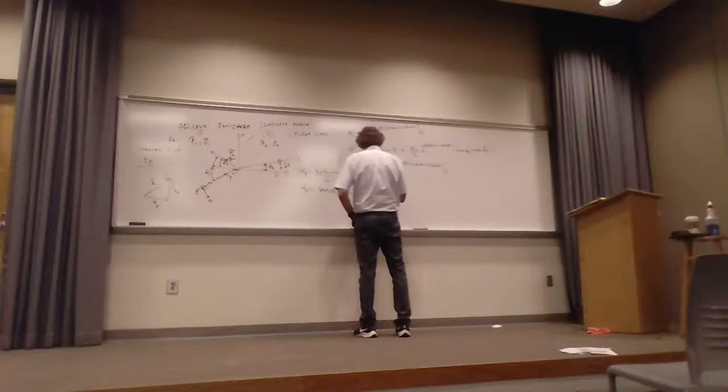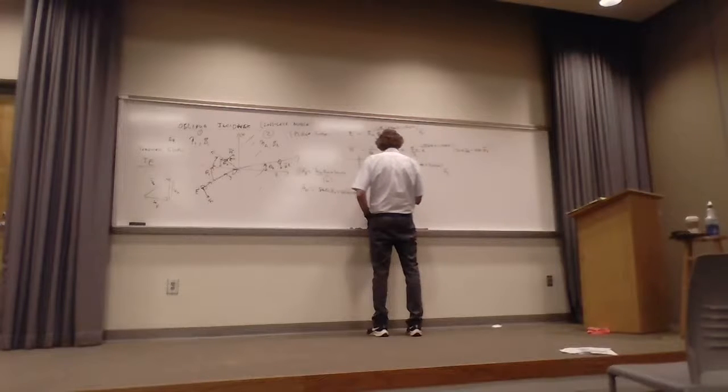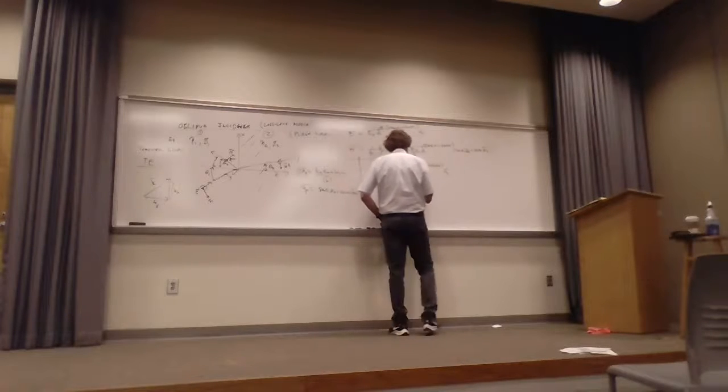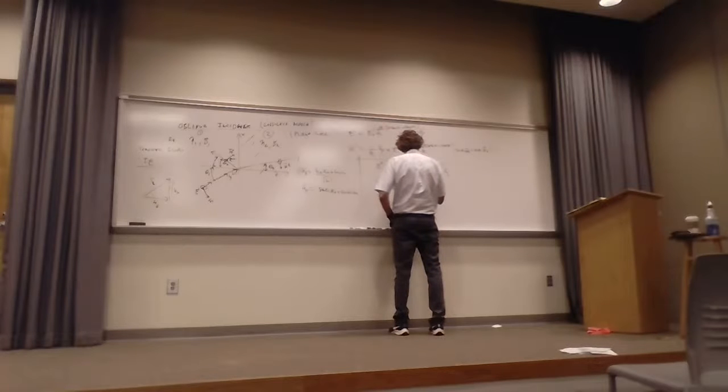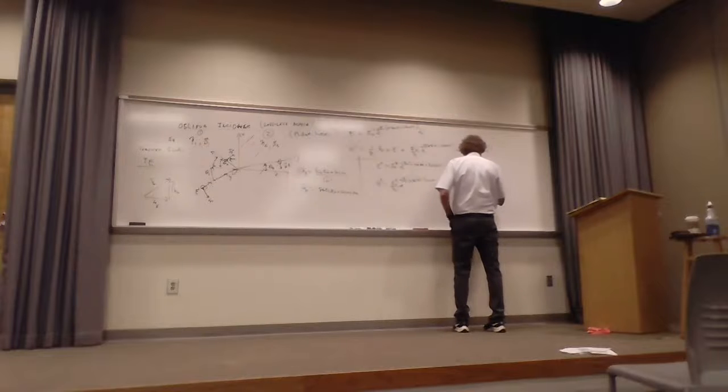And the H field transmitted would be E naught transmitted over eta 2 times e to the minus j beta 2 times x sine of theta transmitted plus z cosine of theta transmitted. And then it would be times that business there, which is going to be sine of theta incident AZ minus cosine theta incident AX.